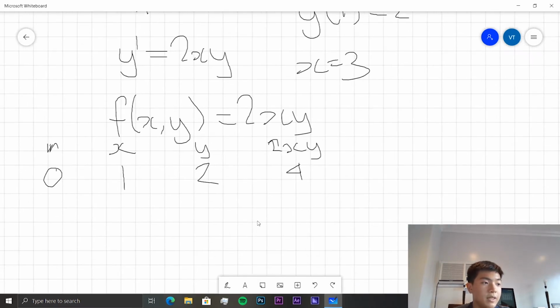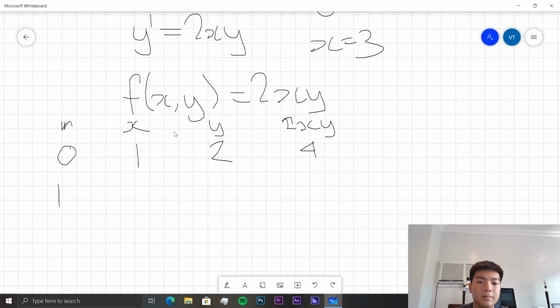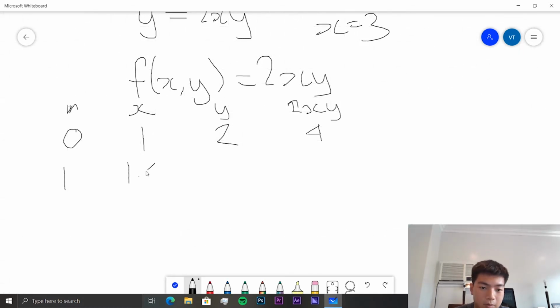Then for the next step, we get that the step is equal to 1, and we're stepping up in increments of 0.4, so x will be 1.4.